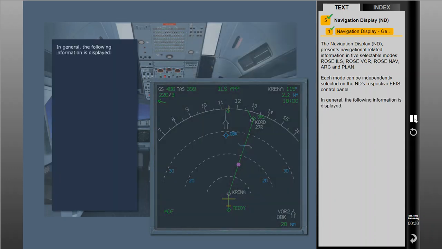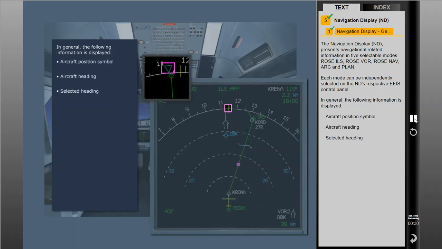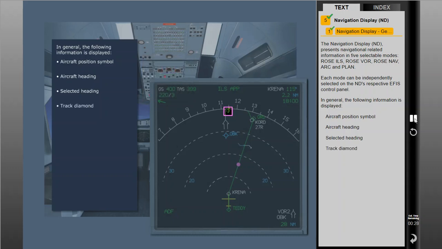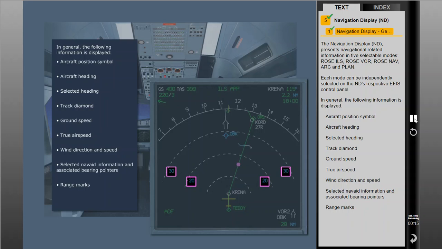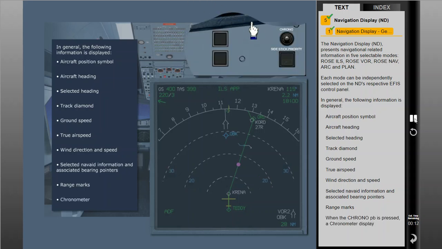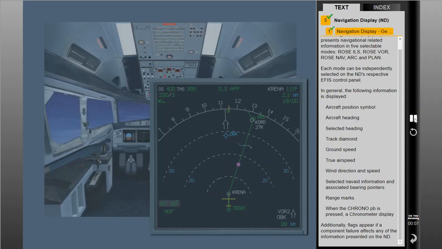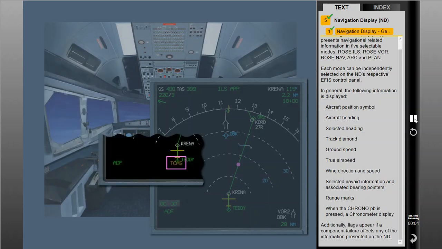In general, the following information is displayed: the aircraft position symbol, aircraft heading, selected heading, a ground track diamond, ground speed, true airspeed, wind direction and speed, selected nav aid information and associated bearing pointers, range marks, and when the chronometer push button is pressed, a chronometer display. Additionally, flags appear if a component failure affects any of the information presented on the ND.